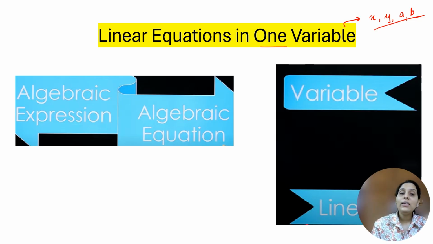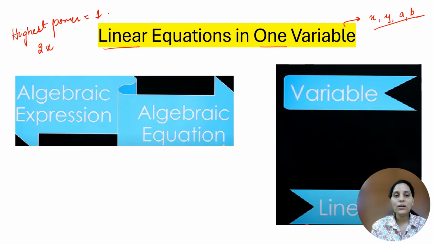Now linear. Linear means the highest power should be 1. For example, I take 2x. The power is on the top of the variable, and when there is no power it is by default 1.